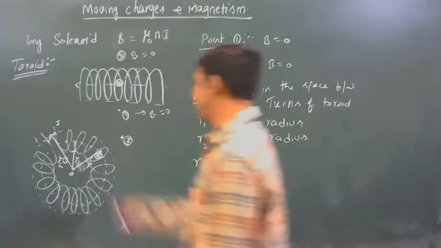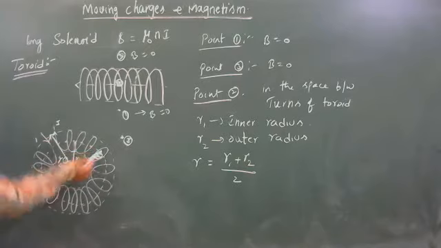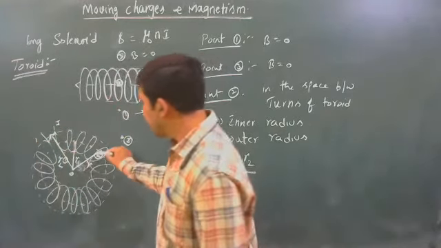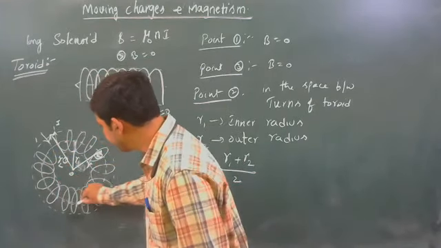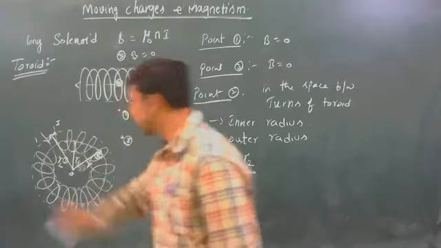Then, what is the field at this point? By using Ampere's law, you can solve it. Observe this point. For applying Ampere's law, I consider one Ampere loop passing through that point.